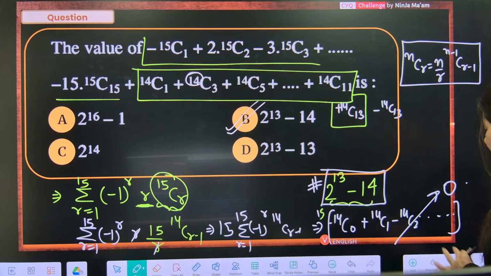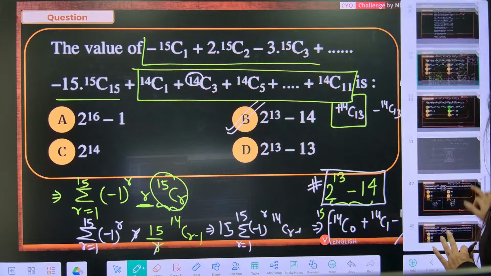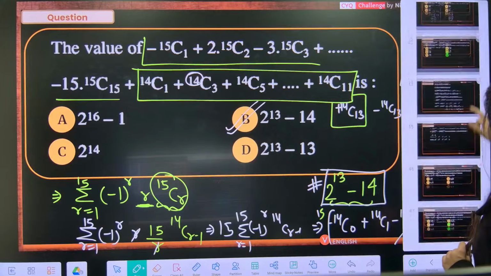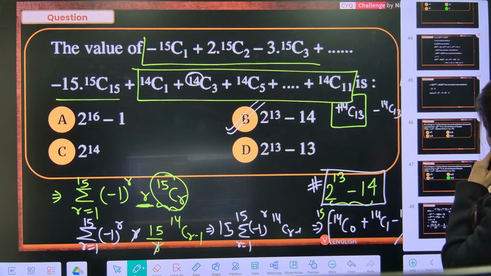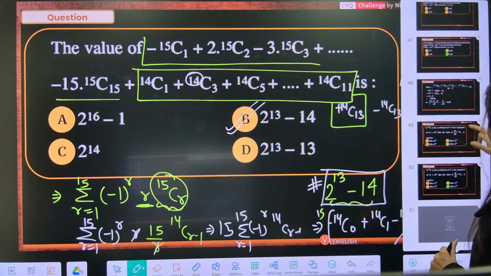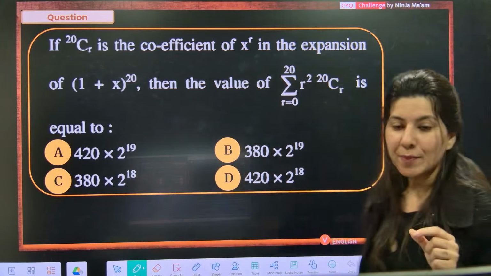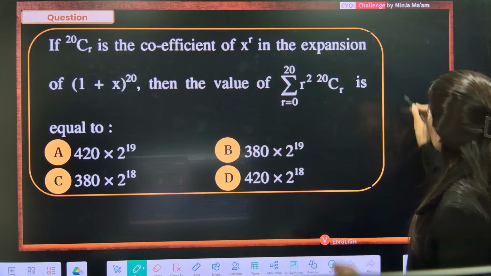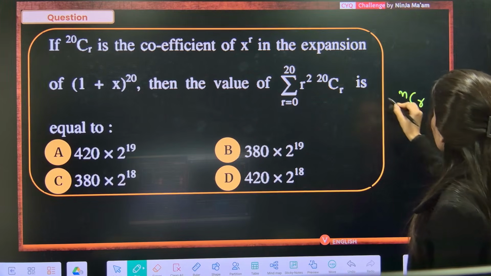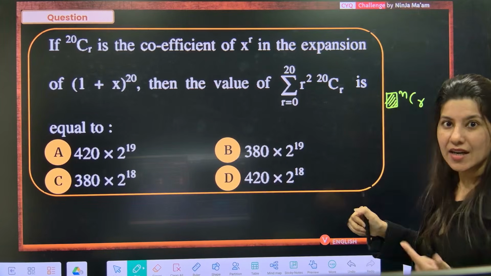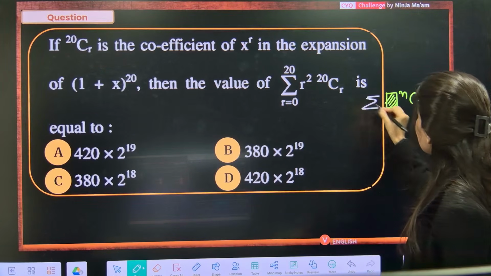So this is something which is going to be definitely there in JEE Main 2025, and one more time I am telling you, when to apply this property: whenever you see NCR is getting multiplied with R square and sigma is there.